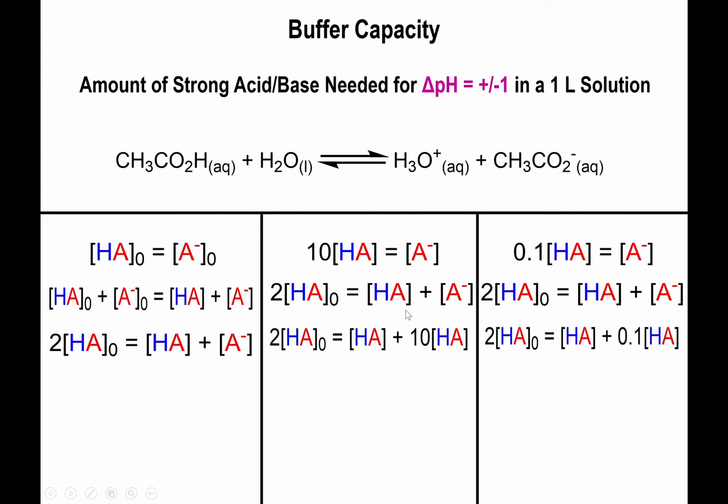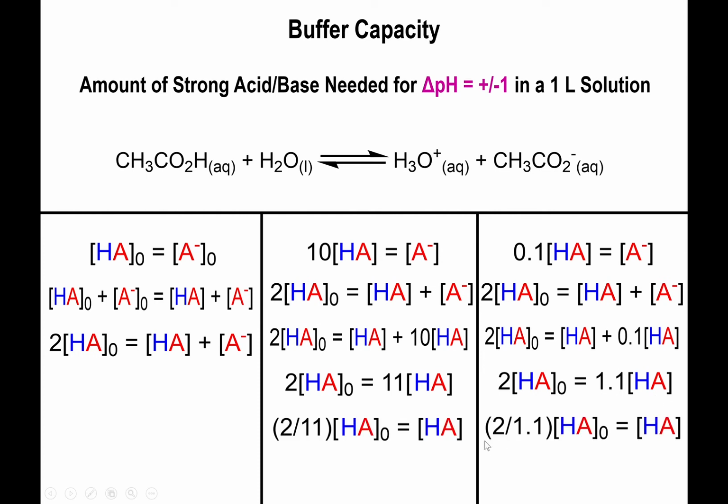Okay, so we have the following on one end of the spectrum, and then we have the other expression right here for the other opposite extent of reaction. So we have 2 times HA initial equals 11 HA final, or 2 times HA initial equals 1.1 times HA final, which means that the value of HA final is equal to 2 over 11 or 2 over 1.1.